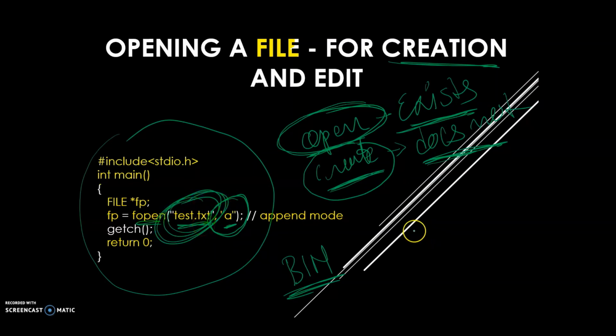For example, first you can write hello.txt, which is not there, and the second time you can create a text file like 123.txt and then try to open it. So this is about the file pointer and how to open the file.